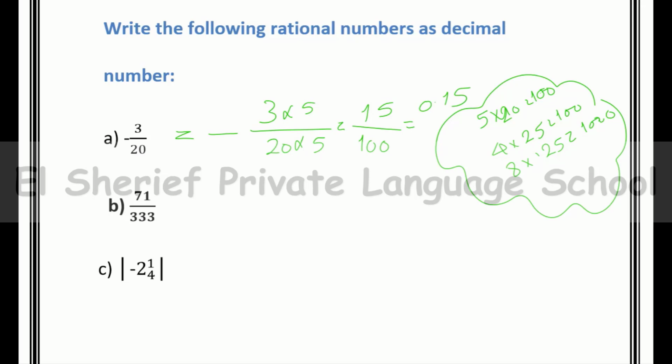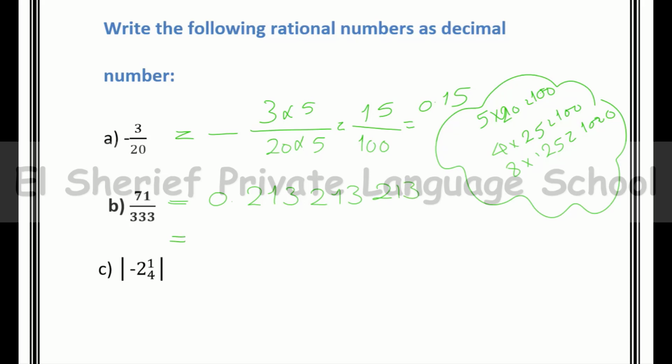71 over 333. 333, I can't put it in the form of 100 or 1,000 or 10,000, so this is a recurring decimal. By using the calculator, I will find it is equal to 0.213 with repeating digits.